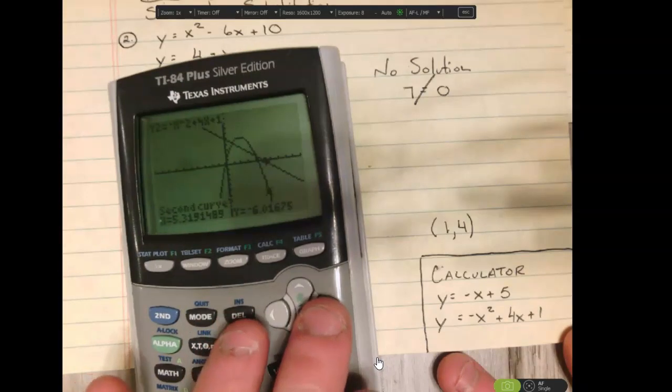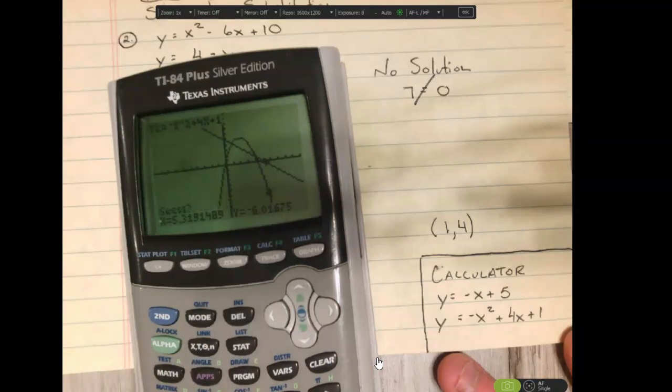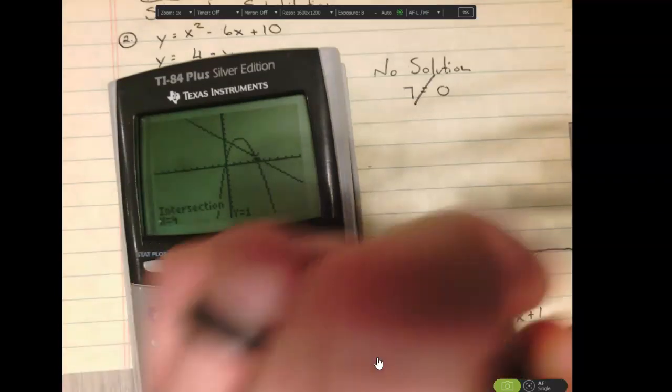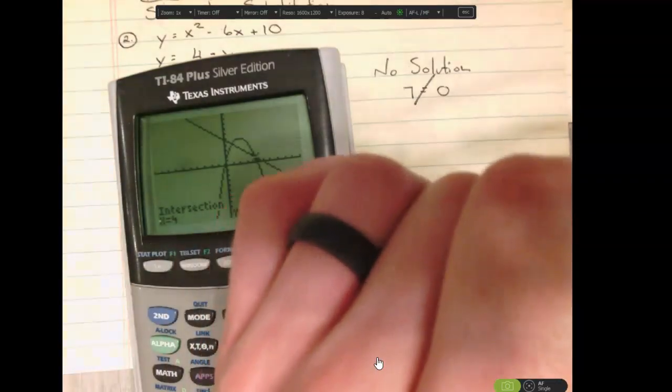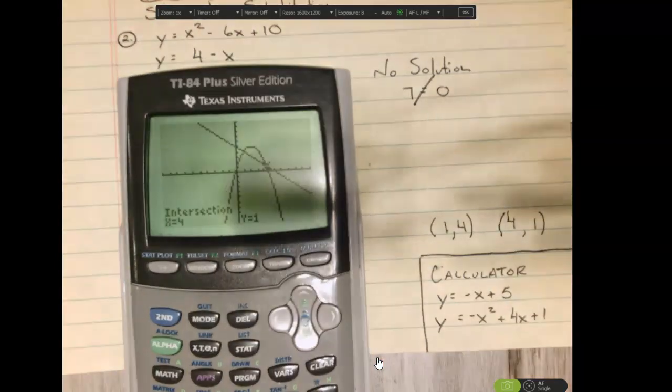I want to make sure that my second curve is also to the right, which it is. Hit enter again. Again, you can guess if you want. You don't have to. You can skip this by hitting enter. And there you go. There's your intersection. So this new intersection is at 4, 1. So my two solutions are 1, 4 and 4, 1.